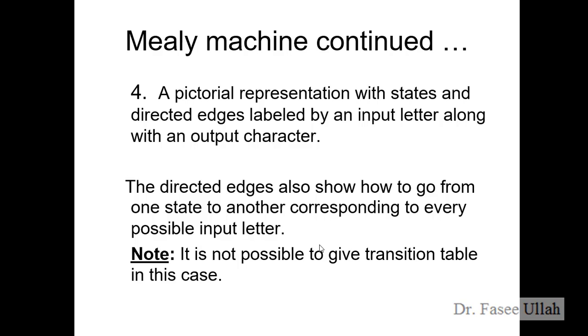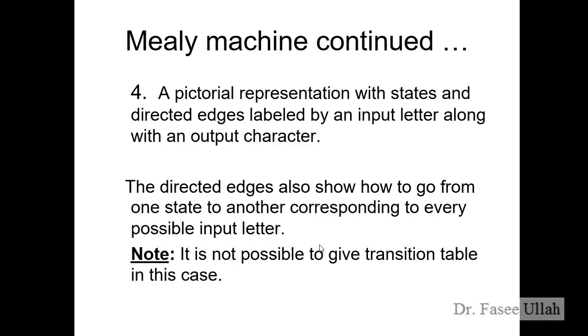We have the transition label between any two states. So it is represented by a pictorial representation with states and directed edges labeled by the input letter along with the output character.